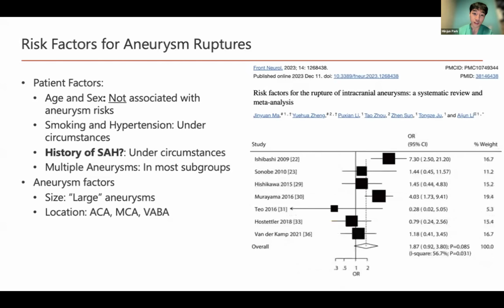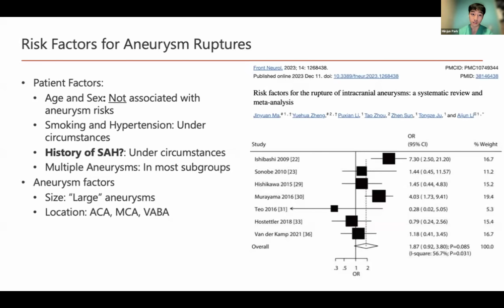History of subarachnoid hemorrhage also differs depending on circumstances. It has been a widely agreed fact that a history of subarachnoid hemorrhage increases the chance of rupture, and a lot of the models created for unruptured intracranial aneurysms include whether the patient has had a history of subarachnoid hemorrhage.